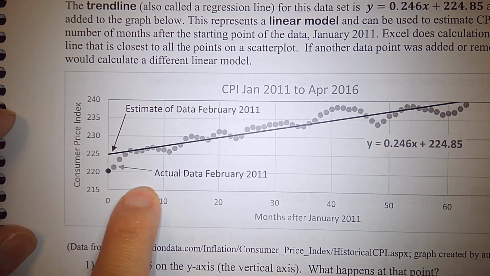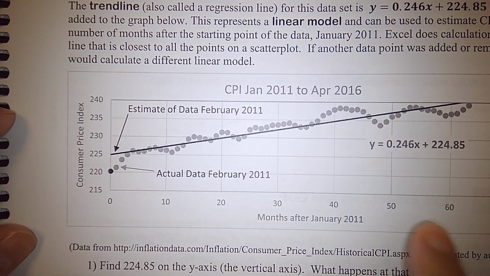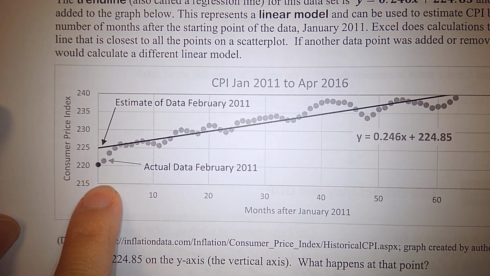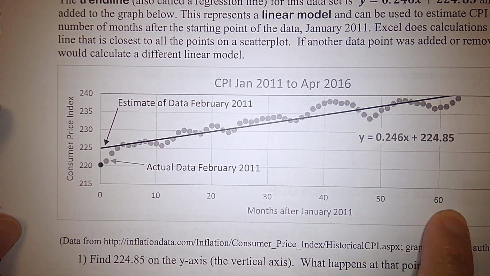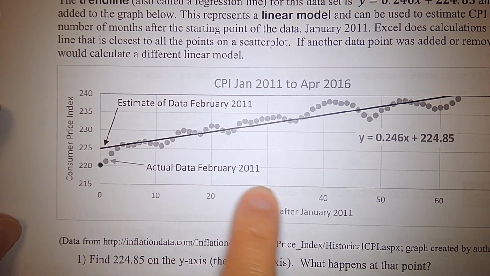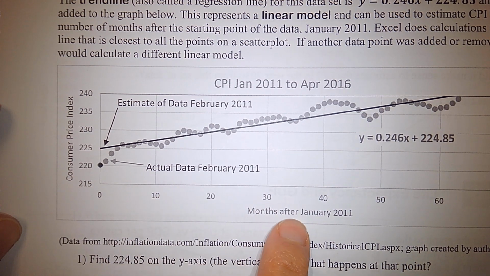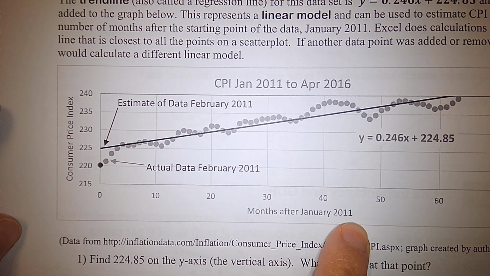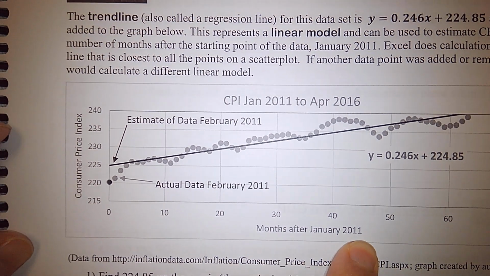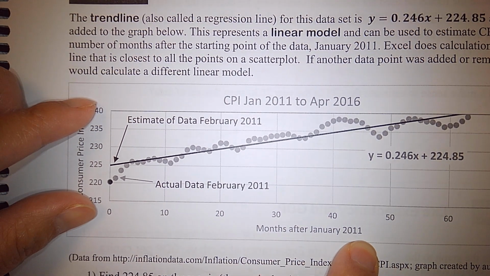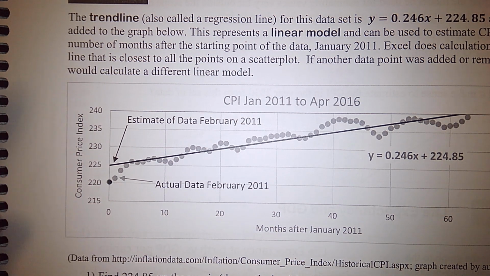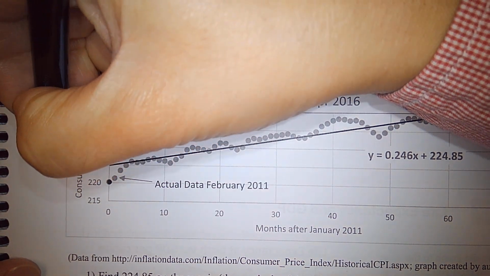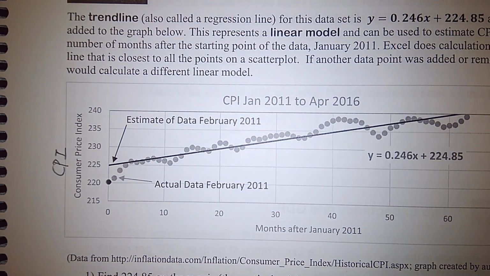The horizontal axis, the x-axis, gives us the independent variable, and it tells us months after January 2011. And then the vertical axis tells us what? The CPIs, Consumer Price Index. So the vertical axis gives us the CPI.